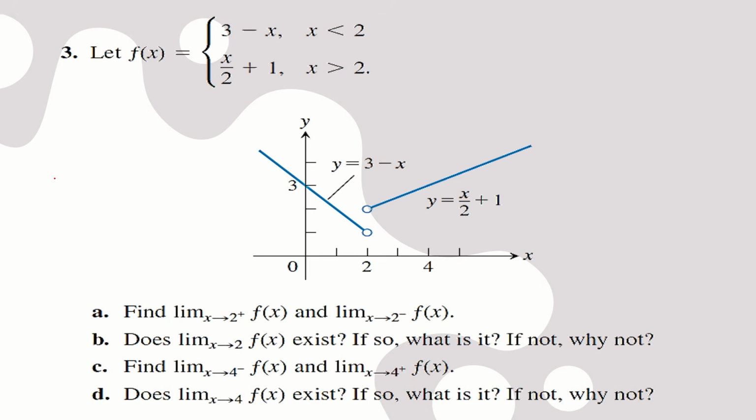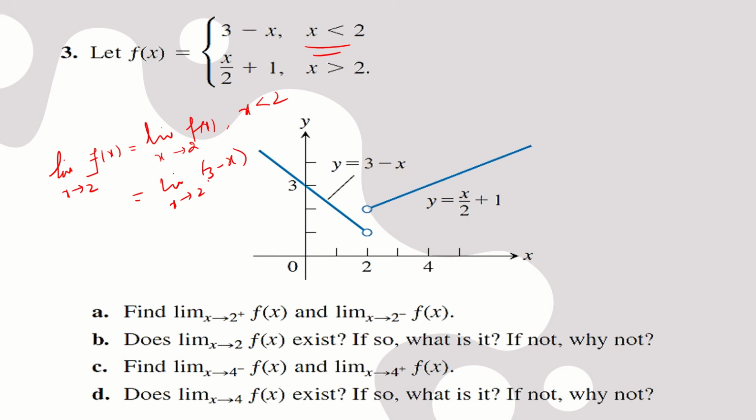So I'll find limit x goes to 2 f of x from left side. In this case, as I said, it's a piecewise defined function, so I'll just write limit x goes to 2 f of x, with the condition that x is less than 2. And for x less than 2, the function is defined as 3 minus x.